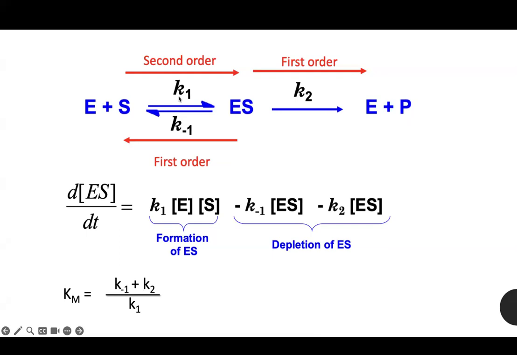And the second reaction, the formation of product, is also a first order reaction because again, we only have one reactant. Then the change of concentration of enzyme substrate complex over time can be expressed with this rate equation, which if we express this in terms of only rate constants, we get this Michaelis-Menten constant. This Michaelis-Menten constant gives us the substrate concentration at which the reaction velocity is half of the maximum velocity that can be reached.